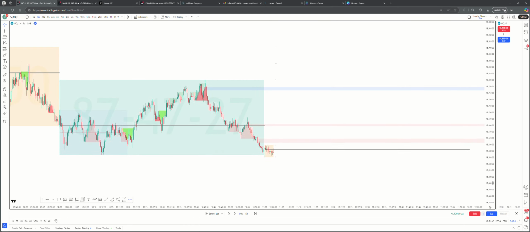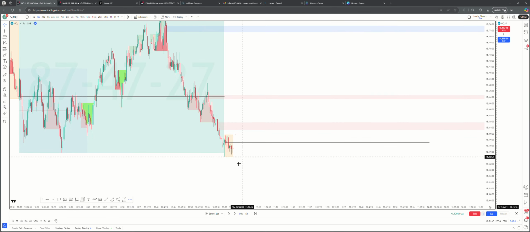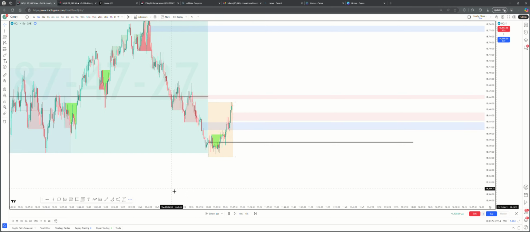And we got our hour change. It's kind of a bummer waiting all this time just to see it wick the prior hour and immediately go to open. So we are now waiting for the next hour.